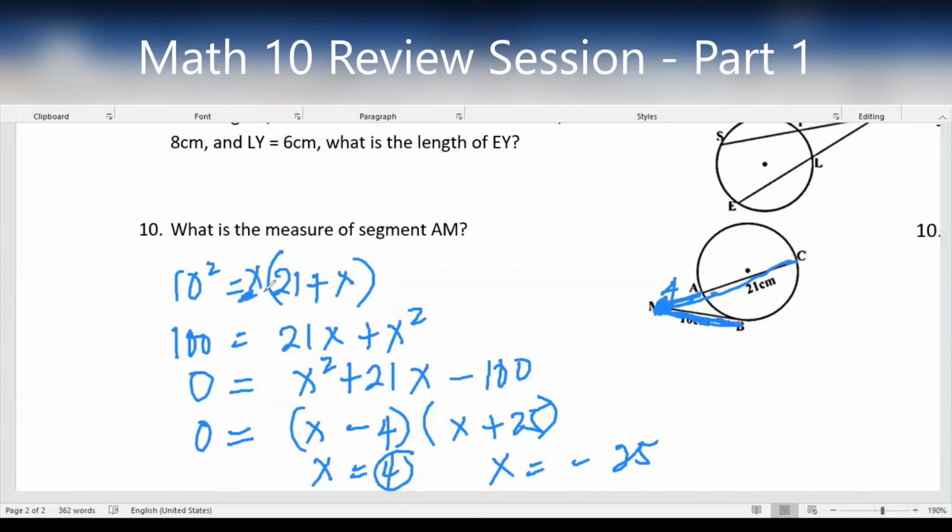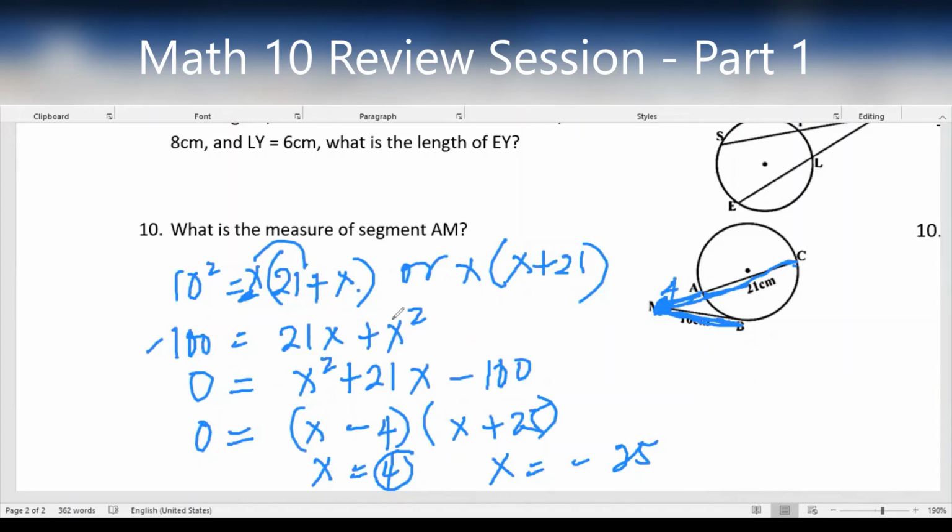Yung outer is x, tapos yung whole line is 21 plus x. Kaya nagkaroon ng 21 plus x. Tapos simplify nyo, 10 times 10, 100. Distribute x, x times 21, 21x. Or pwede rin mauna yung x plus 21. Pareho lang lalabas niyan. 21x plus x squared.